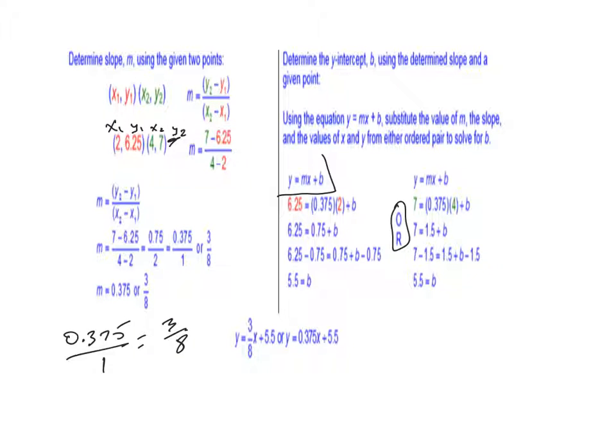Remember, we're just using this particular formula. Once we multiply, we'll get 0.75, then because this is positive, we're going to subtract 0.75 from both sides, here as well as here, and that's going to give us b, because this will isolate b. This is going to give us b is equal to 5.5.